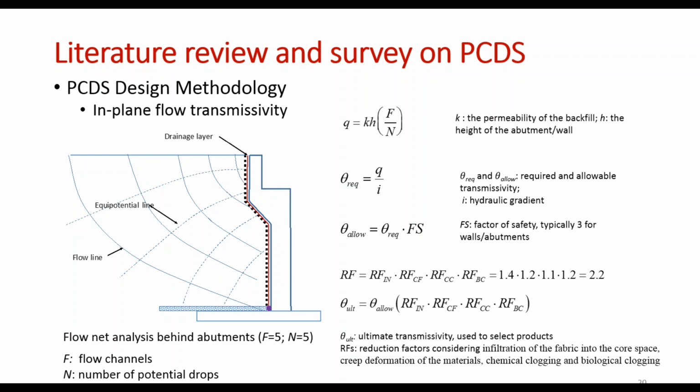We found several factors which can affect the drainage capacity, including the intrusion or infiltration of the fabric into the core, the creep, or time-dependent deformation, of the material, as well as clogging due to chemical or biological factors. But the takeaway from this slide is that the design of this drainage composite depends on the soil property, the height of the wall, as well as some reduction factors.